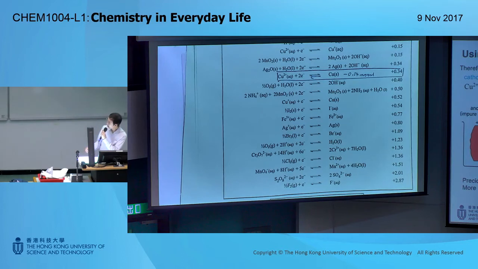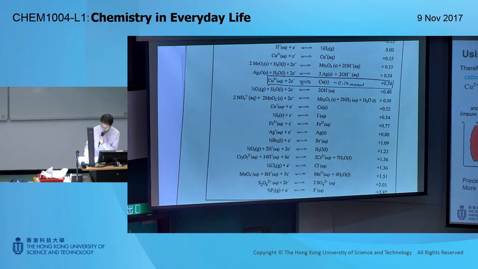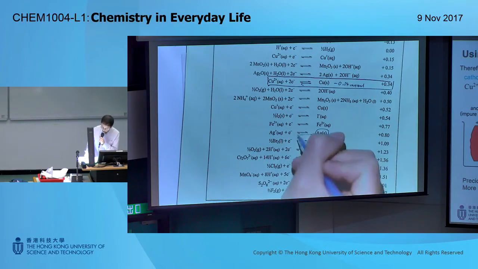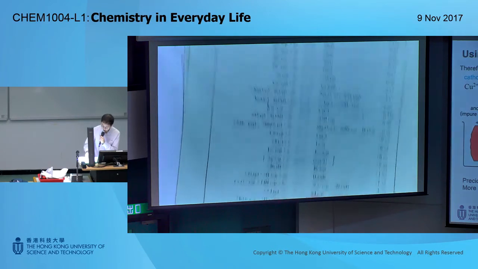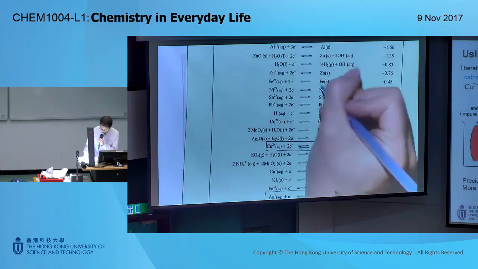If you actually have another metal, for example, let's say you have an impurity of silver. The silver metal, would it go back to silver plus in the electrolysis? So you had some silver and you had some iron in your piece of copper. Let's see what will happen to them.